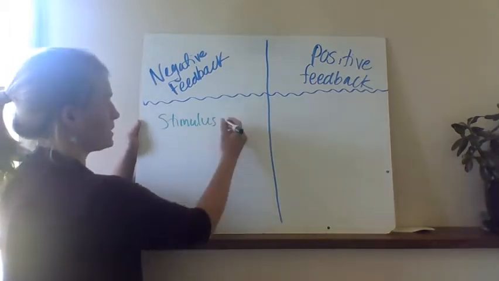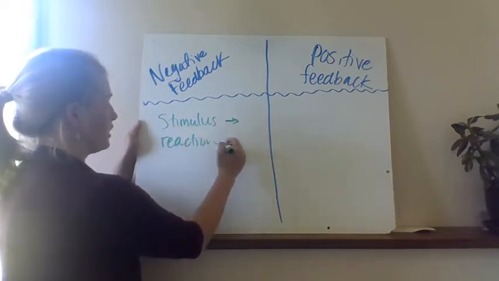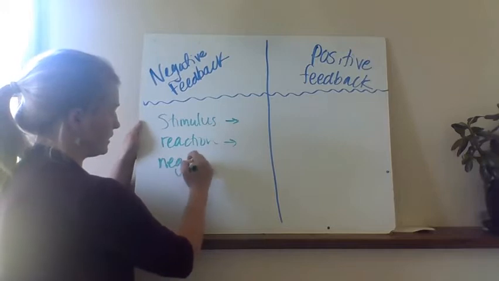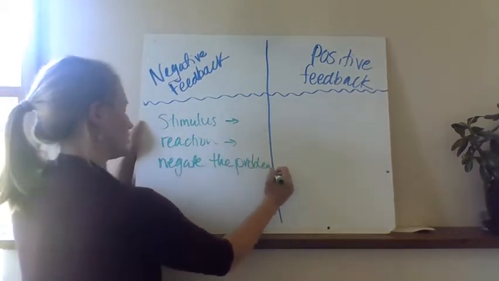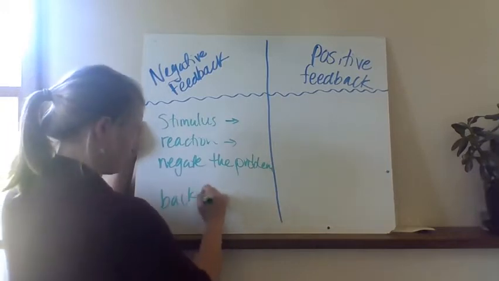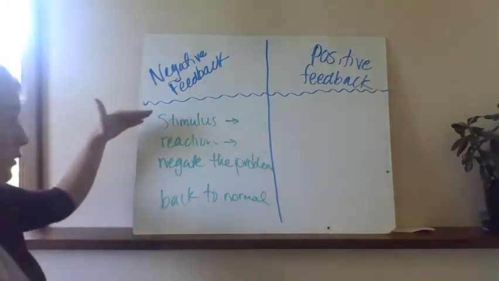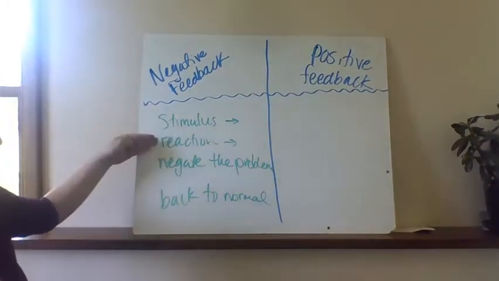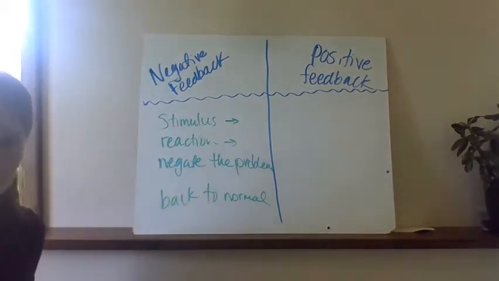So there's going to be a stimulus, there's going to be a reaction, you're going to negate the problem, and you're going to go back to normal. Okay, this is what we talked about last week. You get hot, you sweat, that's negating the problem of you being hot, and it brings you back to normal.